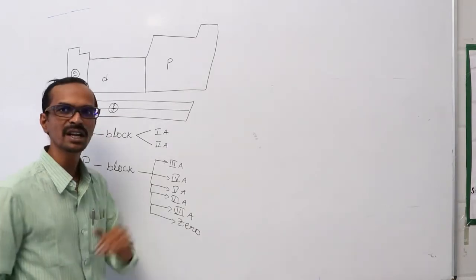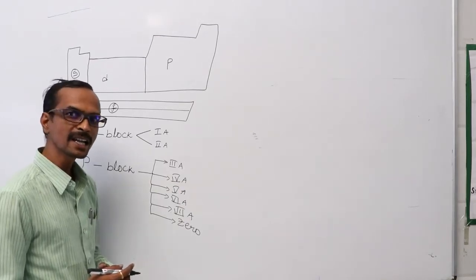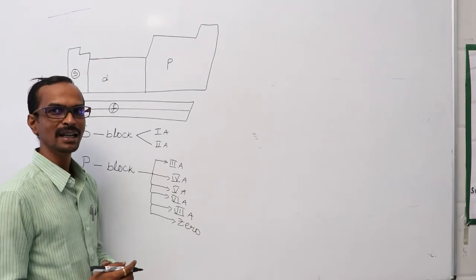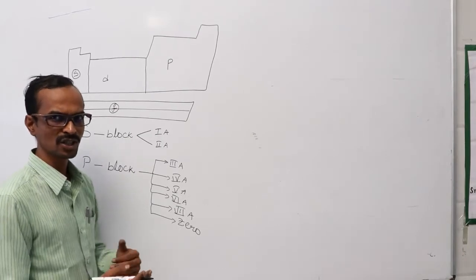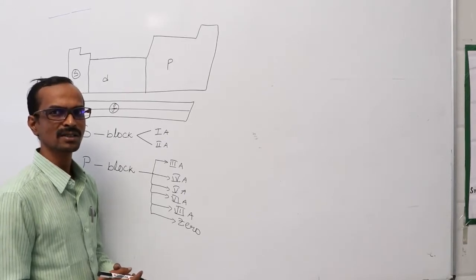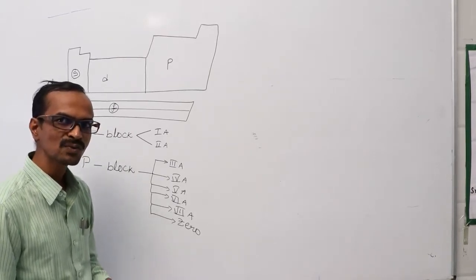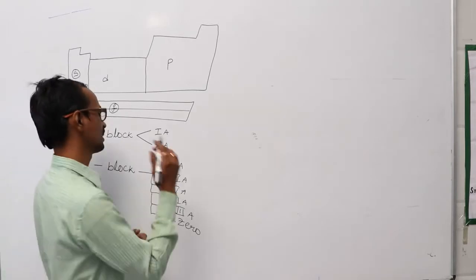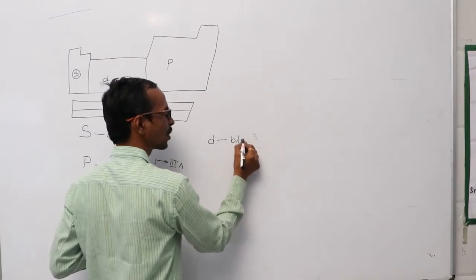Next, if the differentiating electron enters into the d orbital of the penultimate shell, that means the n minus 1 d orbital, the shell which is present before the valency shell, which is simply called the penultimate shell, then those elements are known as d block elements.